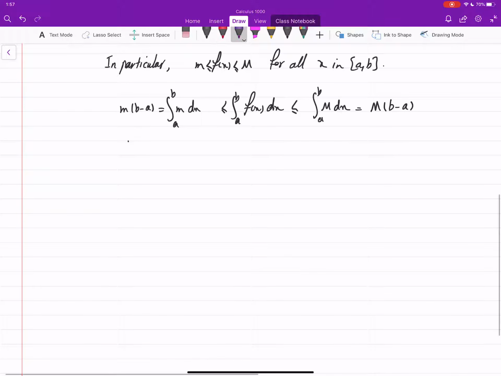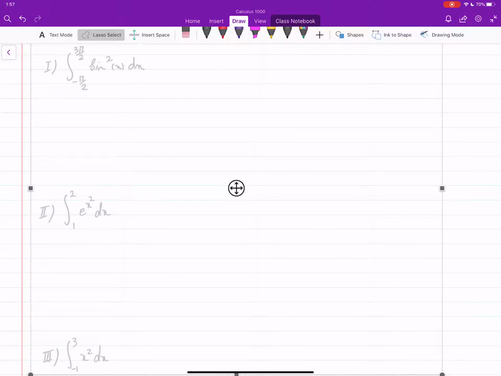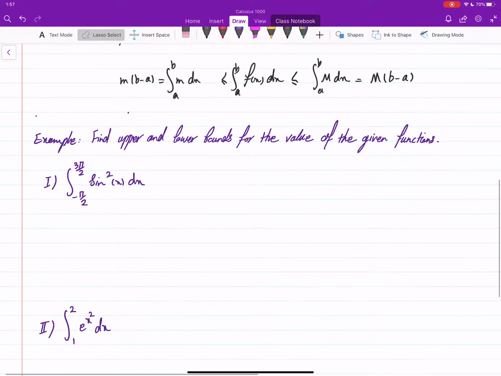Okay, let's see some examples here. The last property that we saw can be useful to estimate some integrals.